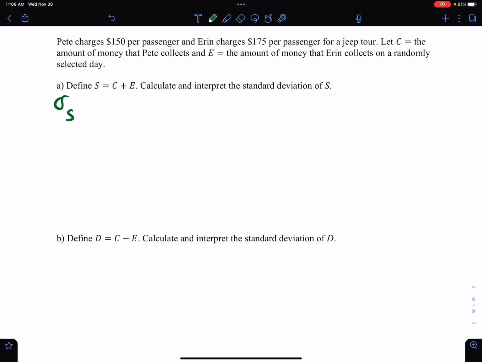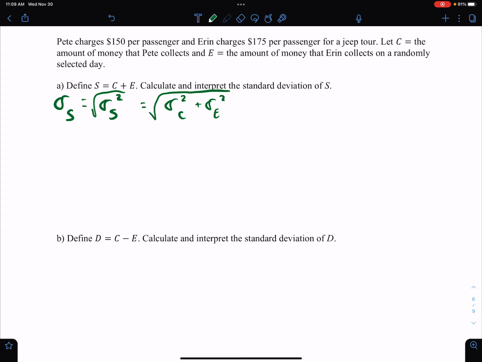So that would be equal to the variance square rooted. So to find the variance, I need to add the variance of C plus the variance of E, and then square root to find the standard deviation.